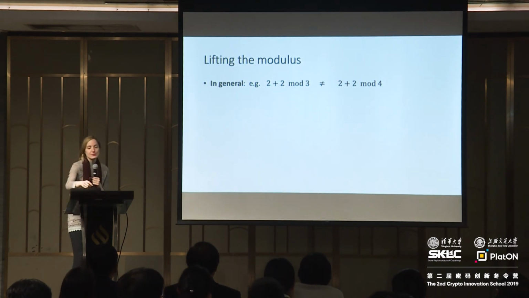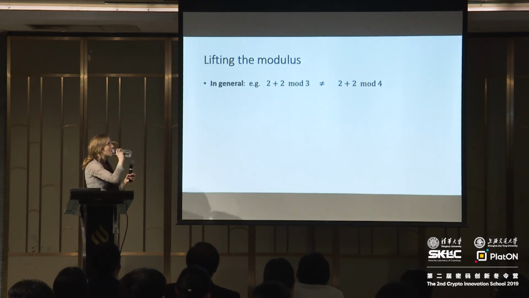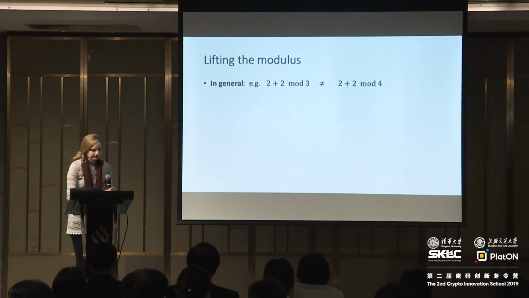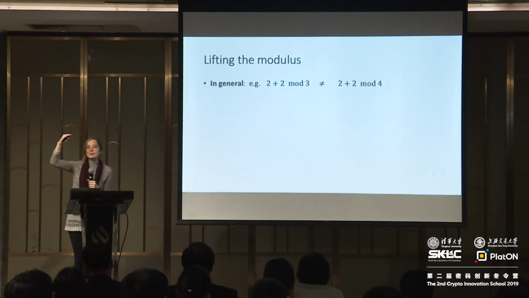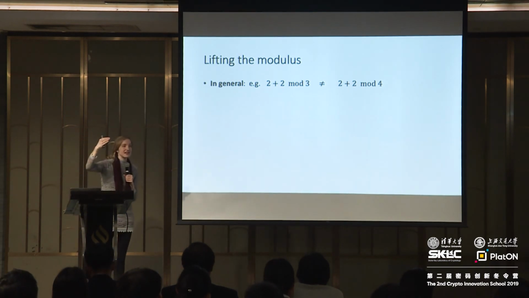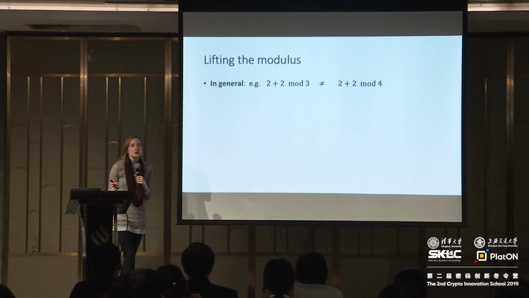The second observation is that essentially the same argument from the rounding saves the day, and we don't have a problem. Note that this modulus lifting, where I want to go from q down to p and back up again to q, it's not clear in general that you could do this.